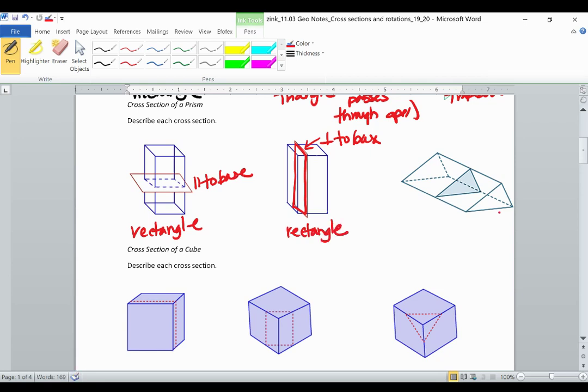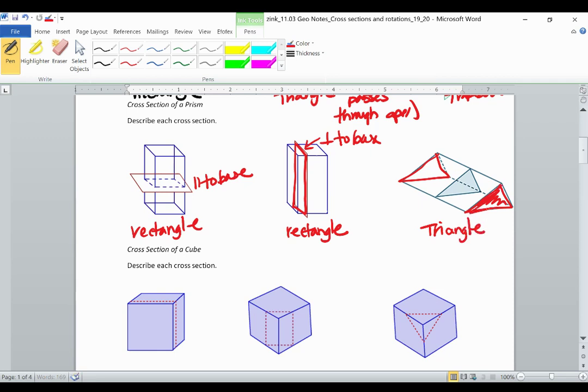And then this one is your triangular prism, and you can tell that because we have two congruent parallel bases, and they are triangles. We're slicing this one perpendicular to the base, which is going to give us another. Actually, sorry, it's not perpendicular to the base. It would be parallel to the base because these are your bases right here. It's not sitting on its base.